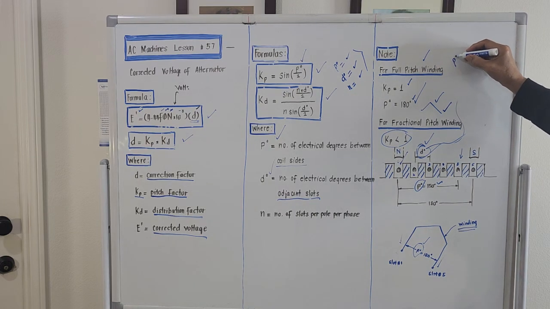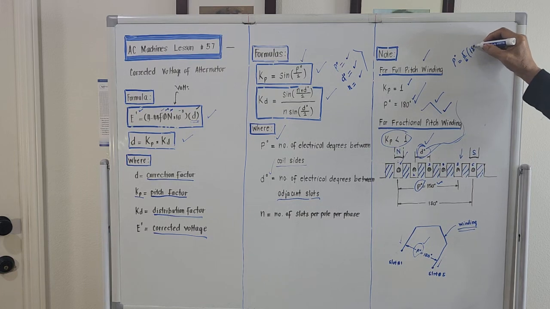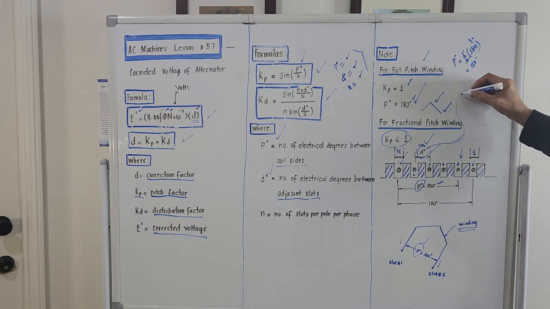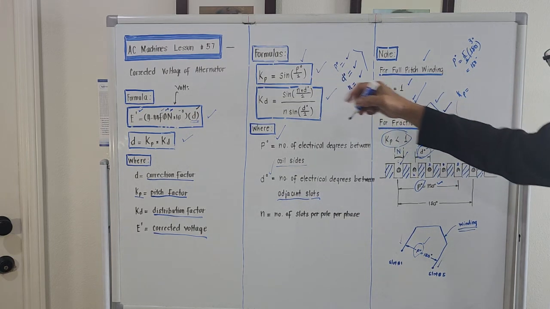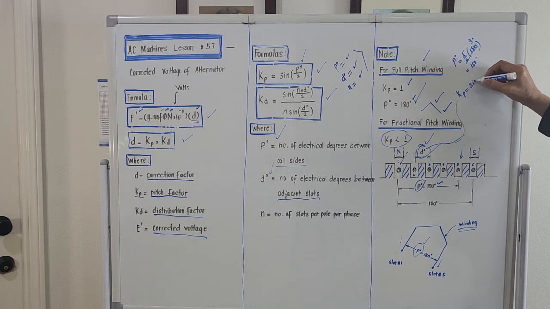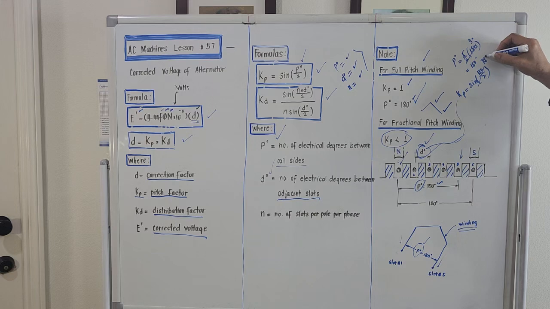If P degree is equal to 5/6 times 180, it's equal to 150 degrees. K sub P should be equal to, we use this formula, sine of P degree over 2. What's P degree? 150 over 2, and this is actually 75 degrees.